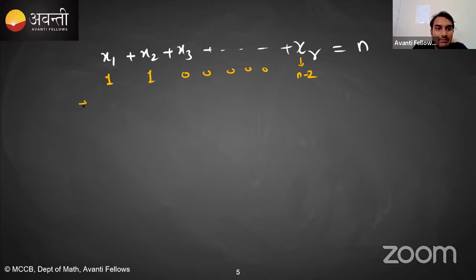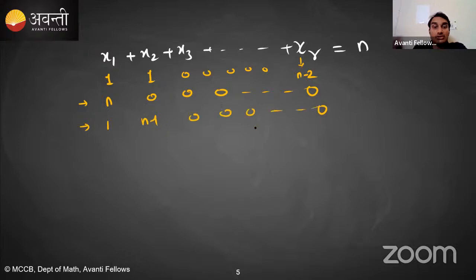Another solution might be x1 equal to n and all others 0. This is also one of the solutions. Similarly, one solution might be x1 is 1, x2 is n minus 1, and all others are 0. These are all solutions of this equation.